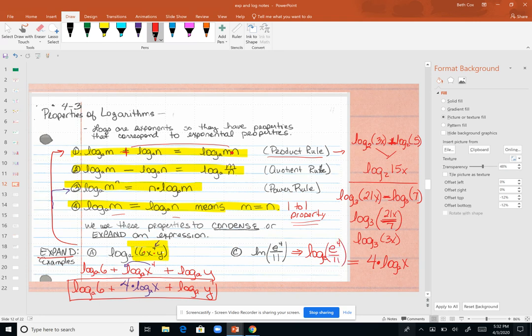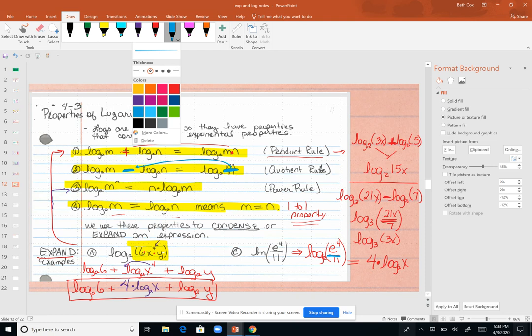Okay, so now we're going to use log base E because that's important to us. So this one, there's a rule that says division can be turned into subtraction. And so this division is fixing to become subtraction. So this one is going to look like this. Log base E of E to the 4th minus log base E of 11.